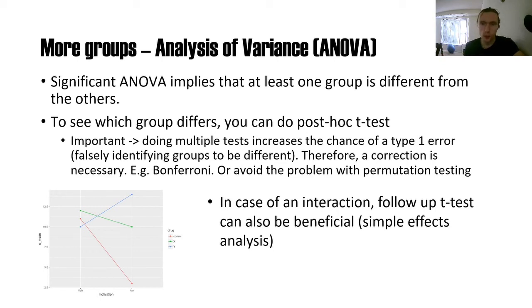The chance that we would just randomly observe this observation is smaller than 5%. However, if you repeat a t-test 3 times, then it's the first time 5%, the second time 5%, and the third time 5%, which means the chance of you observing something purely by chance, although there's no real difference, is 15%, 3 times 5.